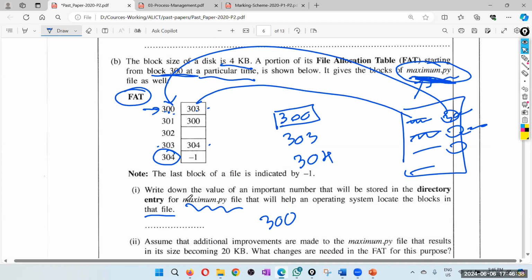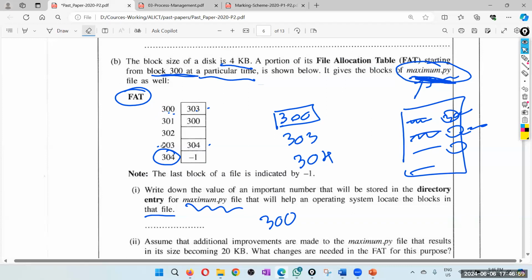Starting point, starting from 300. It says your blocks start from 300. Sorry, I completely misread it. Actually, the examiner also hasn't given it in a very clear manner.